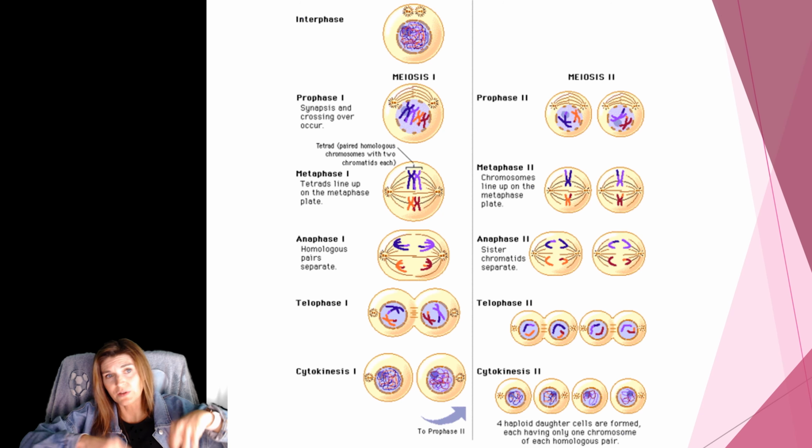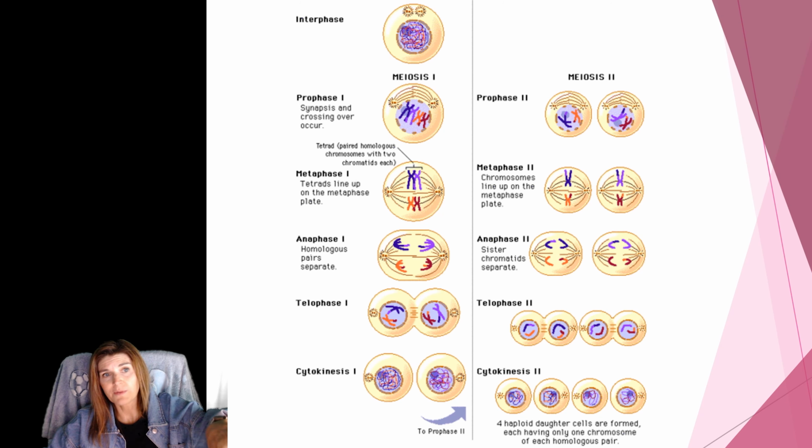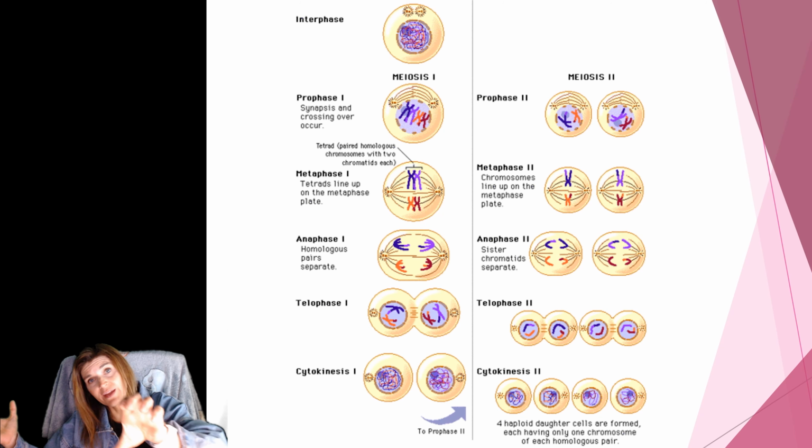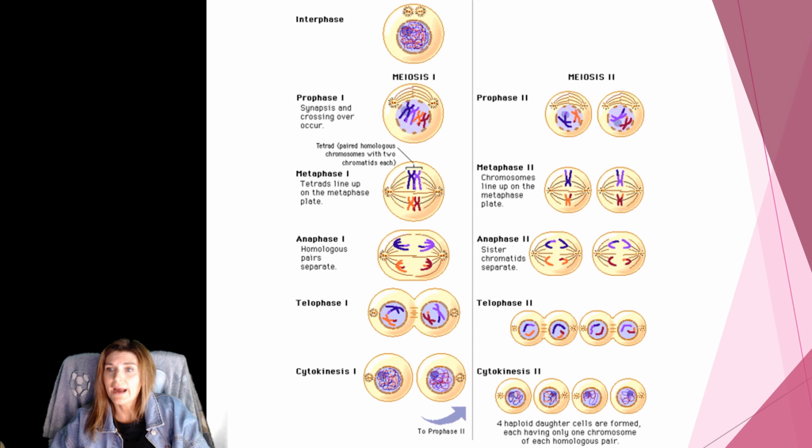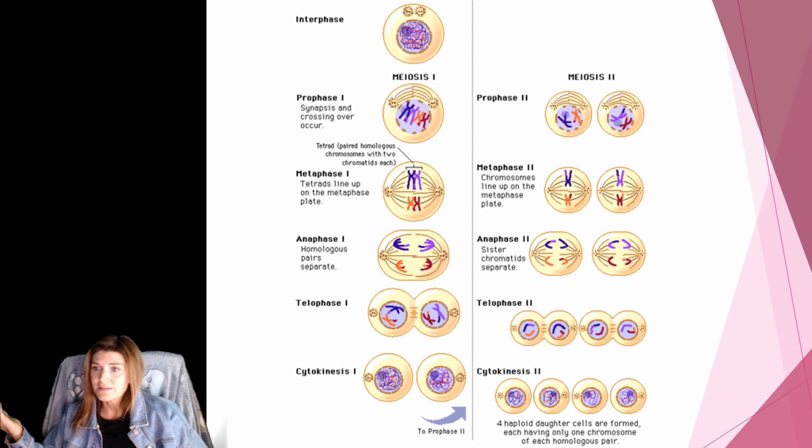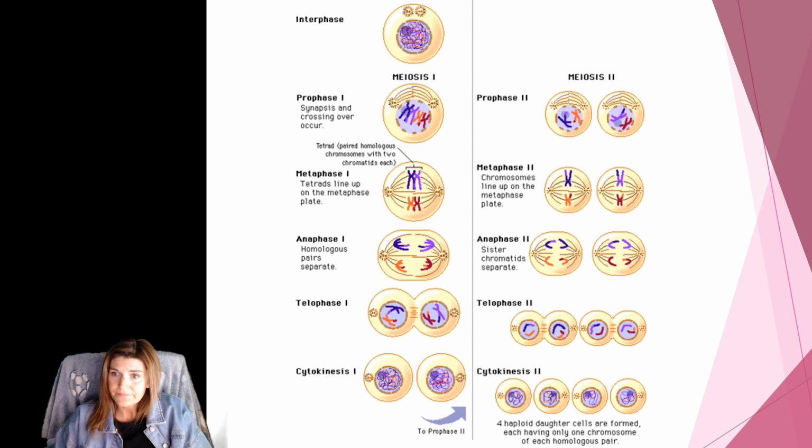We still end up with 46 chromosomes at the end of meiosis 1. We have to make it haploid. So we have to go through another phase with prophase 2, metaphase 2, anaphase 2, telophase 2 in order to get to a haploid cell. So that's why it's called reduction division.